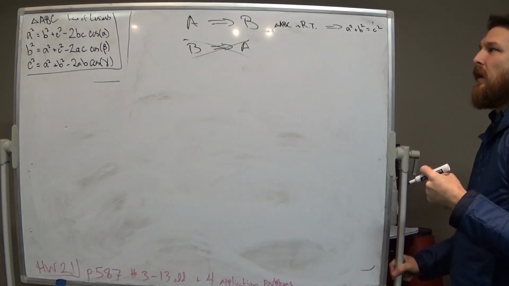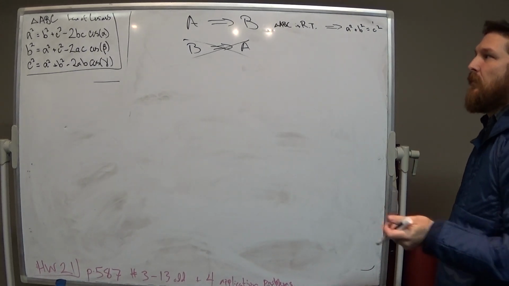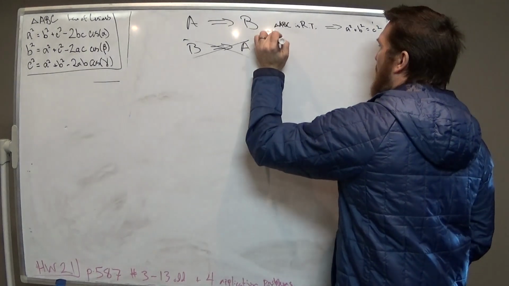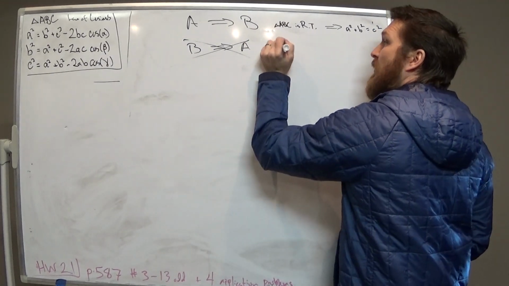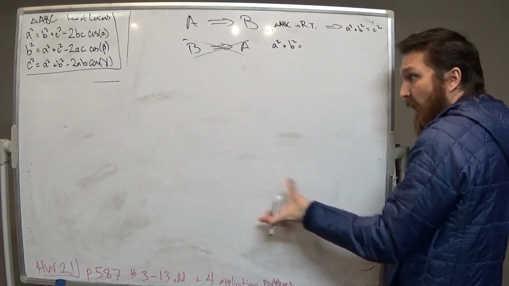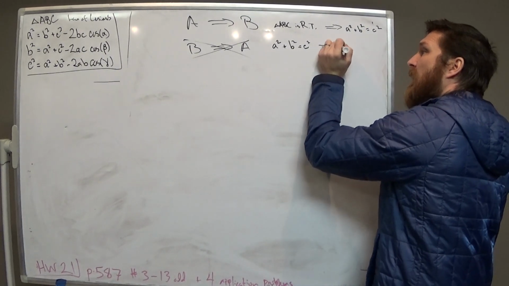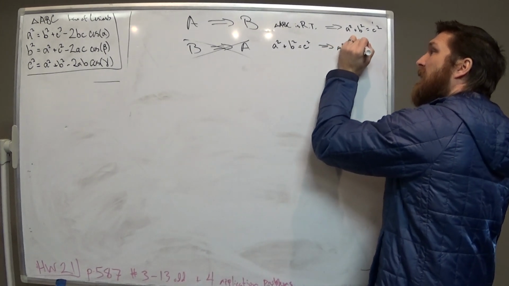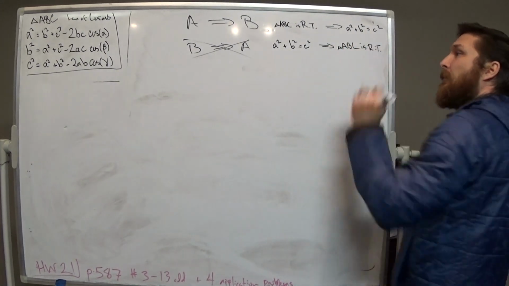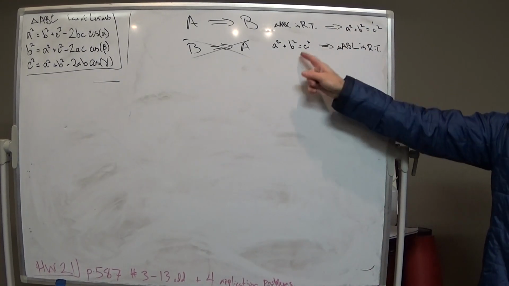But in lecture 1, I said, well, we know that A squared plus B squared equals C squared, therefore ABC is a right triangle. And I made this mistake right here. But we didn't prove that. It doesn't follow from this that that is necessarily true.